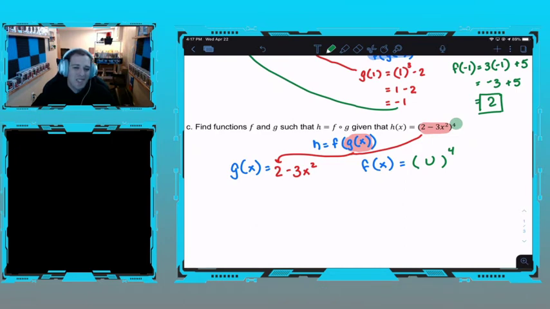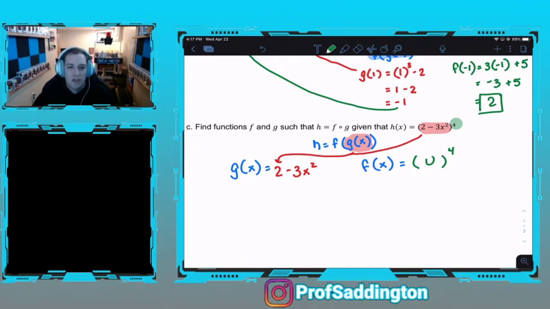Now, it seems kind of tedious to do that here, but when we go into derivatives, we might be using U substitution for something that's very large, and we don't like rewriting everything all over again in math, so we just plug in the letter U to save some time. So as far as the two equations go here, g of x is represented by 2 minus 3x squared. F of x is just going to be represented by u to the fourth. Okay.